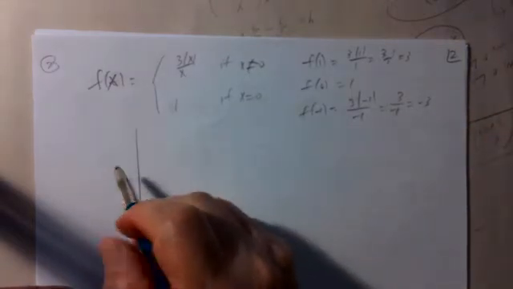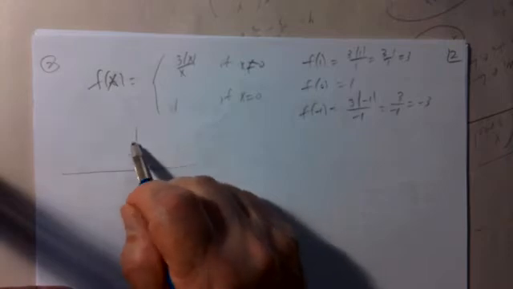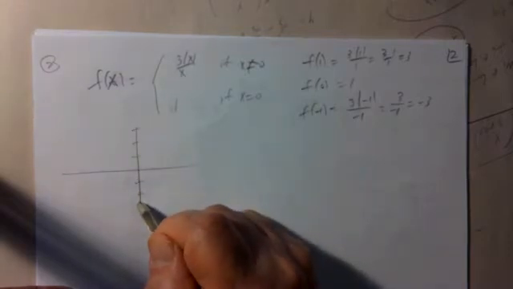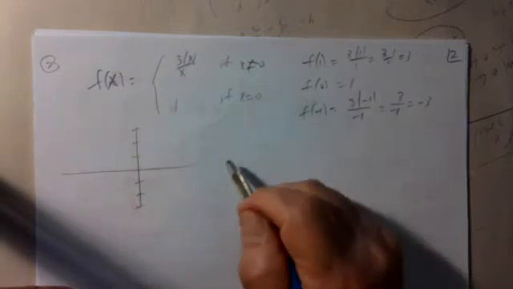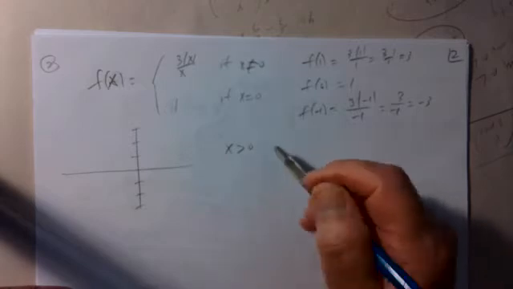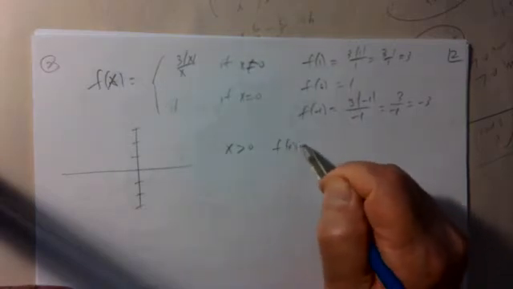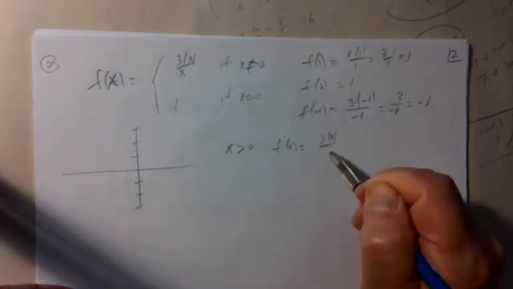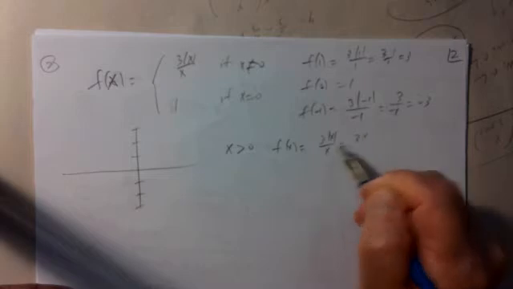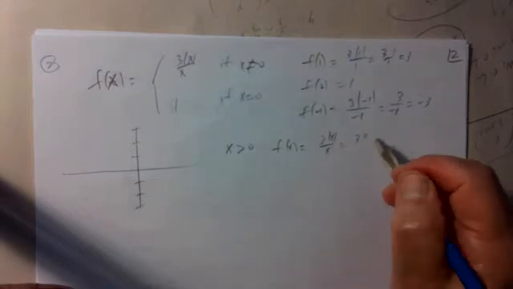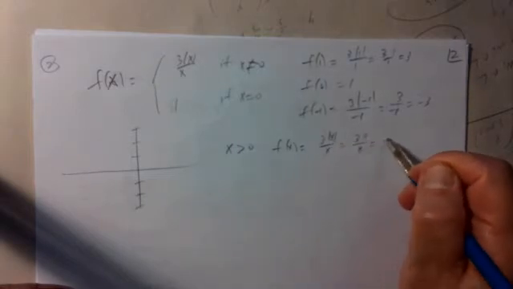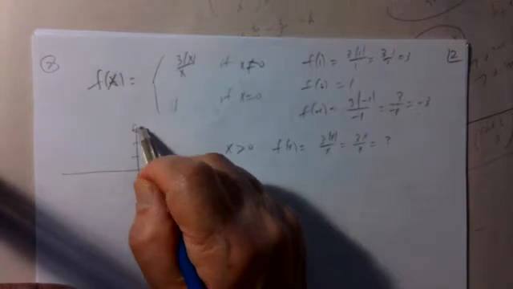And in fact, if we graph this function, if x is greater than 0, f of x, which is 3 times the absolute value of x over x, if x is positive, absolute value of x is x. And the x's cancel, and this is 3.